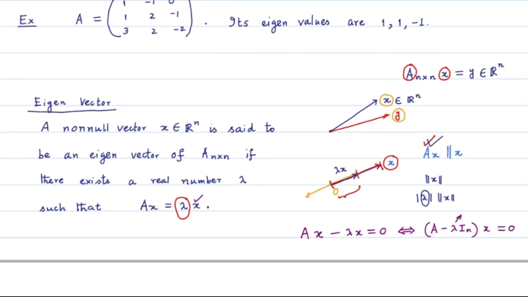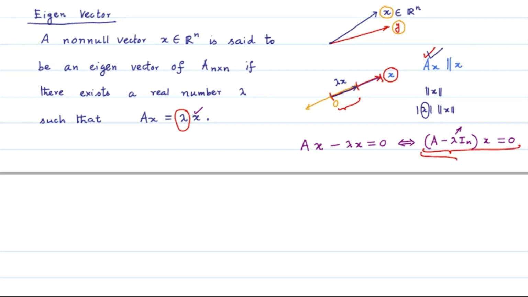As x is a non-null vector, this homogeneous system is having a non-null solution, and therefore the determinant of the coefficient matrix must be equal to 0, and hence lambda must be an eigenvalue of the matrix capital A. So corresponding to every eigenvector, there exists an eigenvalue of the matrix capital A.